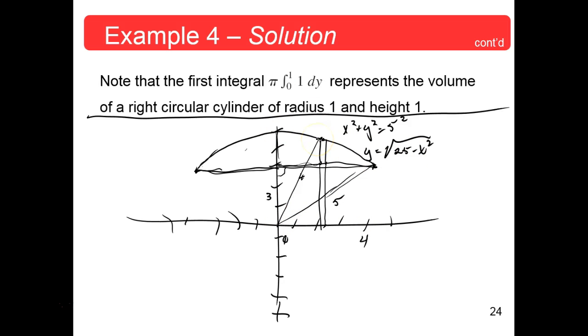That's going to be the y. Okay. Now, that's going to be the outer part. The inner part, of course, is just going to be 3. So we're going to subtract that off. So I think that's our washer then. And then we're going to do that from 0 to 4 and then double it.